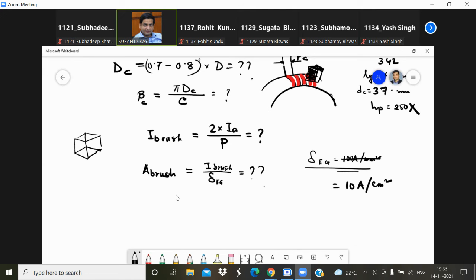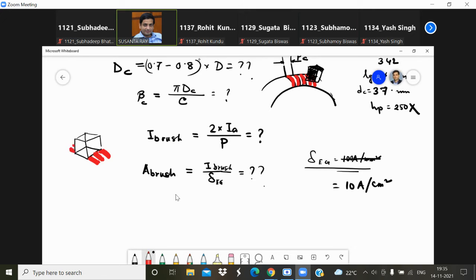Now your commutator segment will be like this, which it will touch. So we generally take 2 to 2.5 commutator segments in contact with each brush, like this.